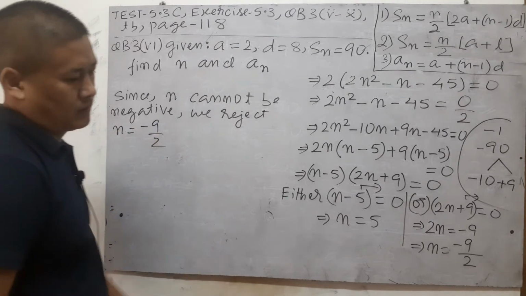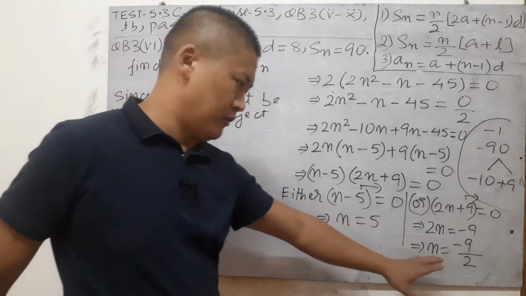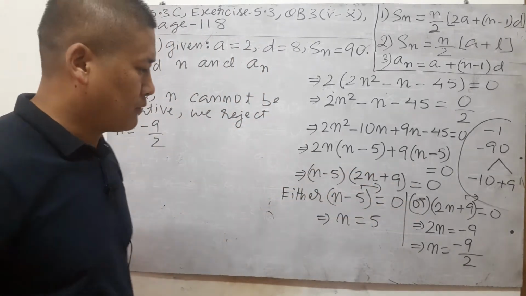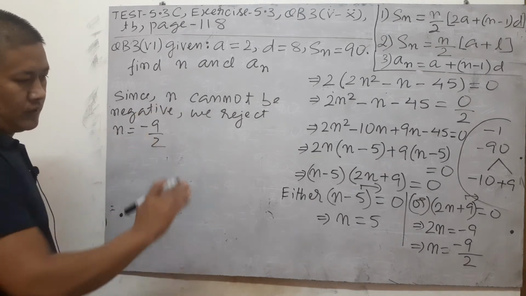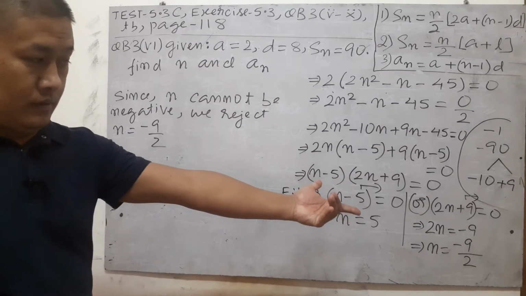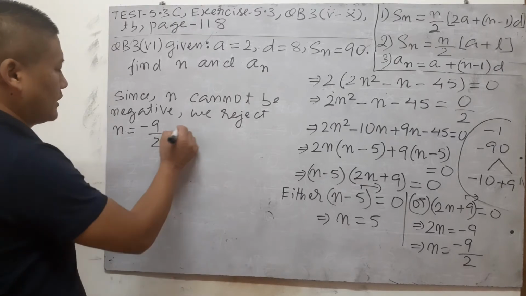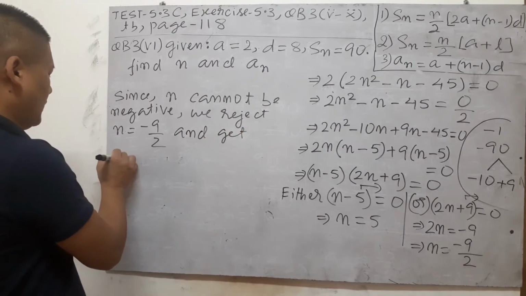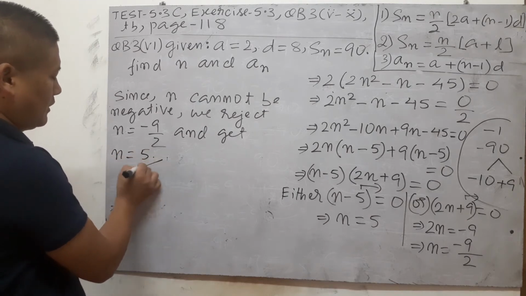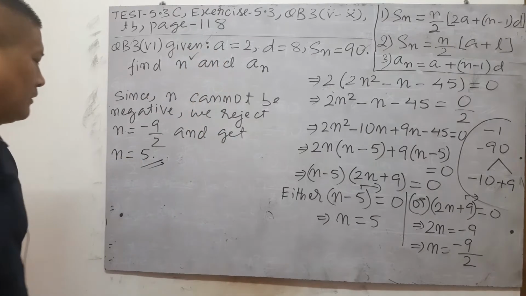We cannot take that. So this minus value is rejected because the number of terms can never be a fraction or negative in this case. So we reject that, and we get the accepted n equal to plus 5. So this is the value of n.